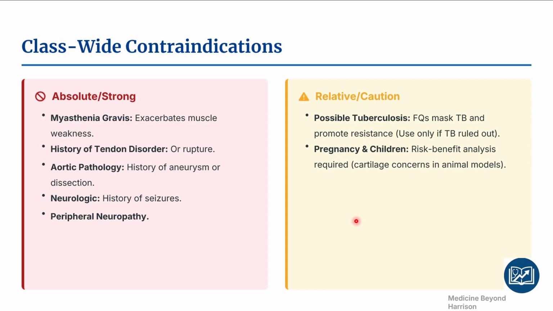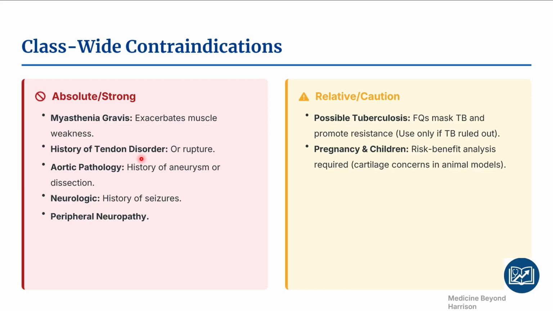There is a very wide range of contraindications for fluoroquinolone drugs, and absolute contraindications exist. For example, myasthenia gravis. Even macrolides are contraindicated in myasthenia, but fluoroquinolones are highly toxic for myasthenia gravis patients and exacerbate muscle weakness. There is a history of tendon disorders.